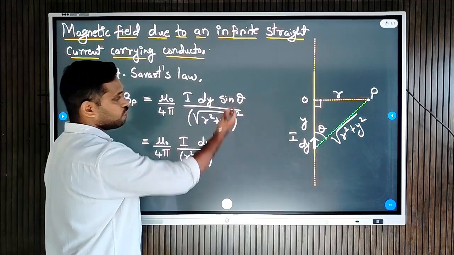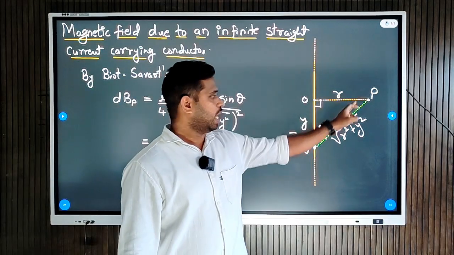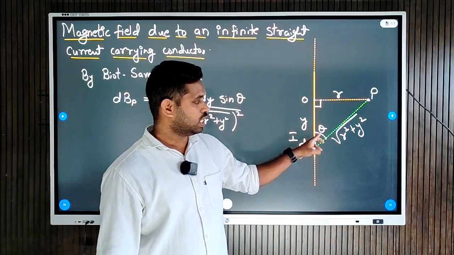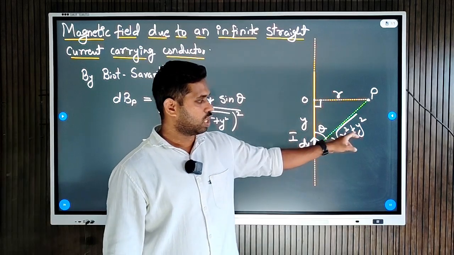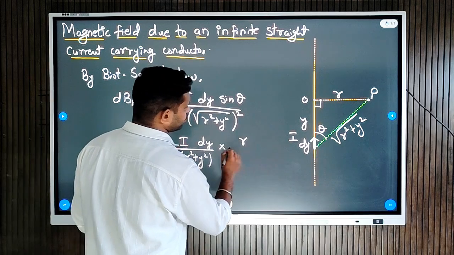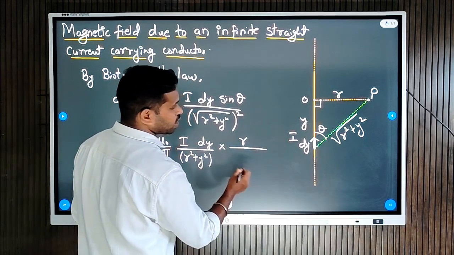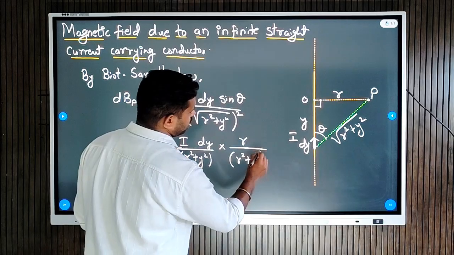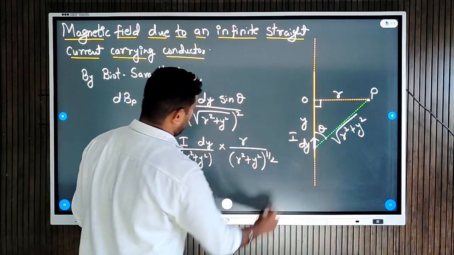And sine of theta, in this triangle, is opposite upon hypotenuse, so I can write that as r by square root of r squared plus y squared, which is r squared plus y squared whole raised to the power half.